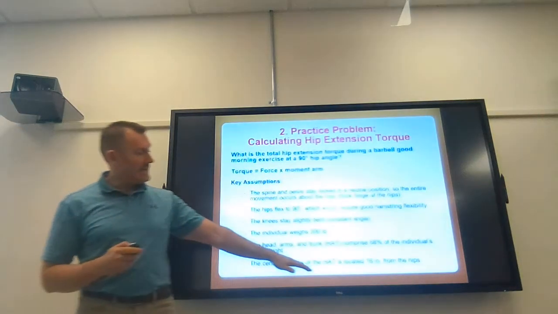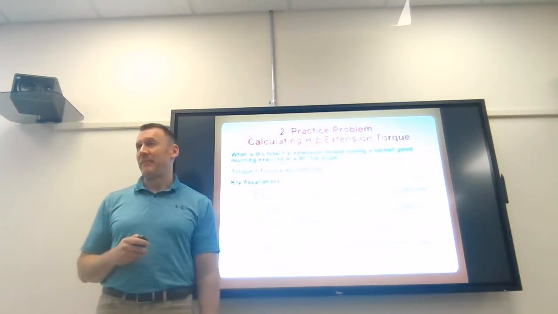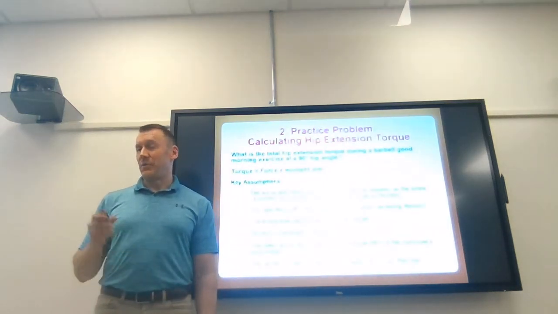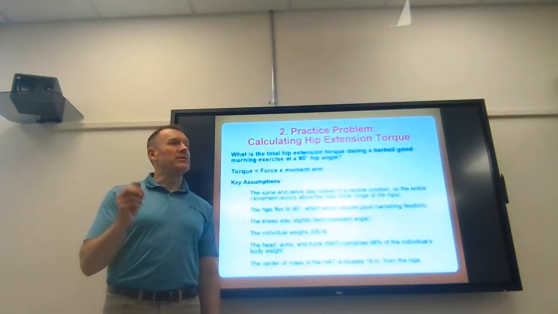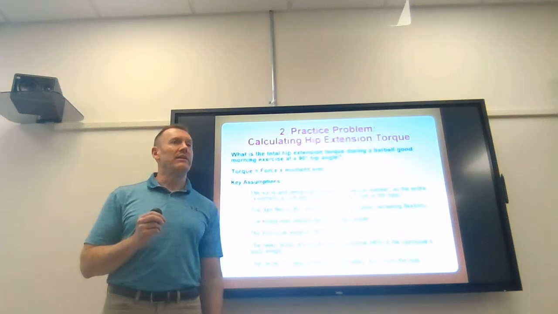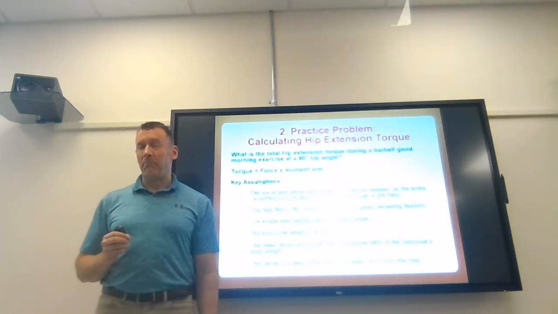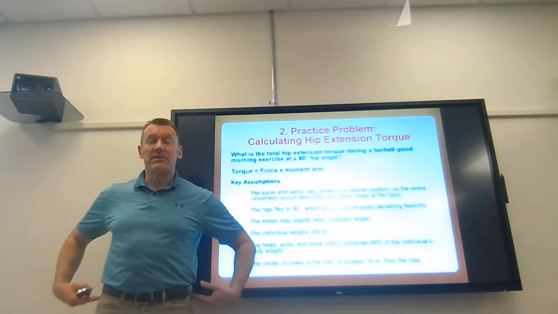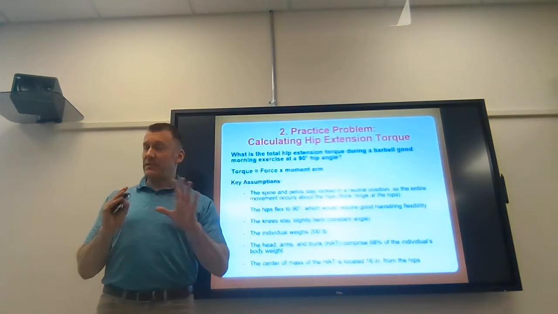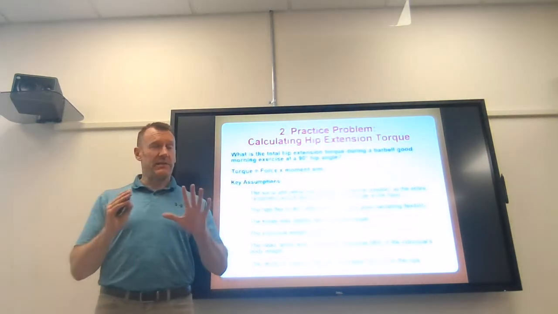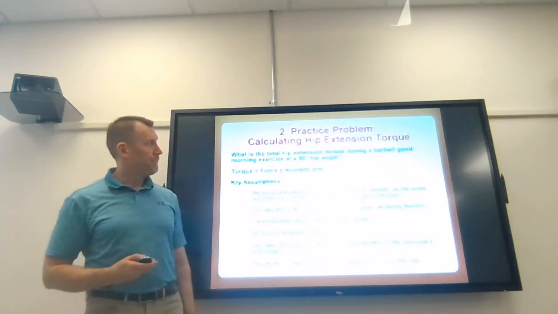The center of mass of the head, arms, and trunk is 16 inches from the hips. That's where the collective mass of the head, arms, and trunk is located, and that allows us to measure the moment arm from the hips. The hips are our axis, and the balance point where that mass is concentrated is 16 inches above the hips.